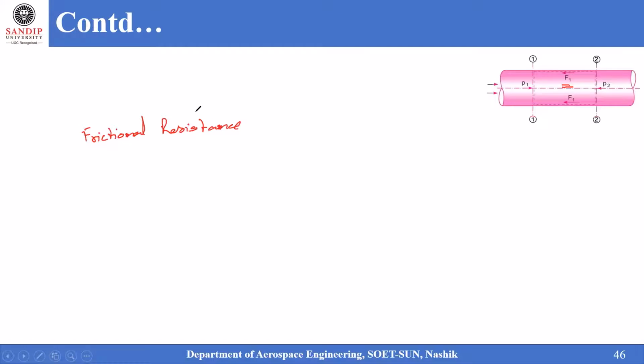It is actually equal to the frictional resistance per unit wetted area, per unit velocity.